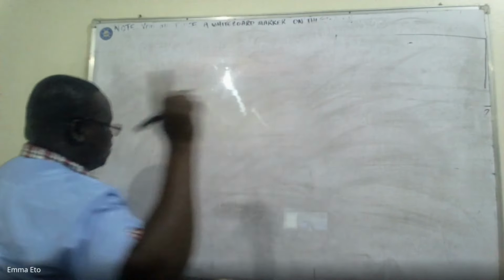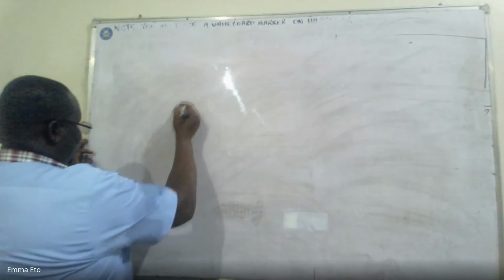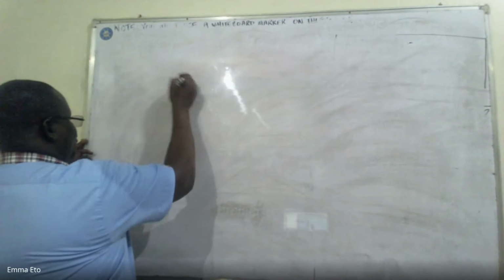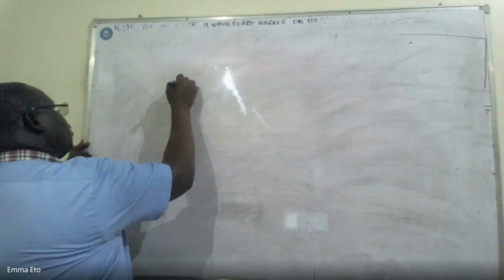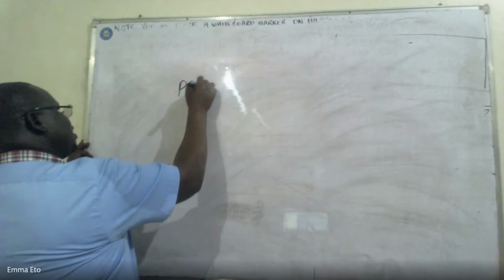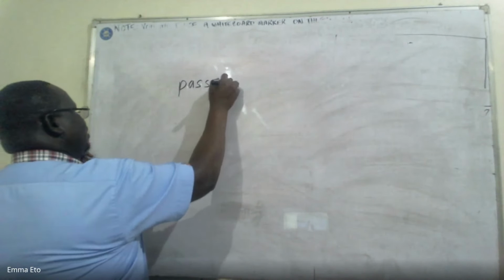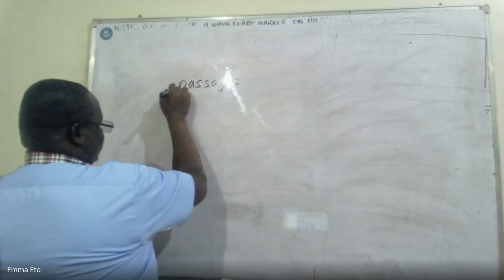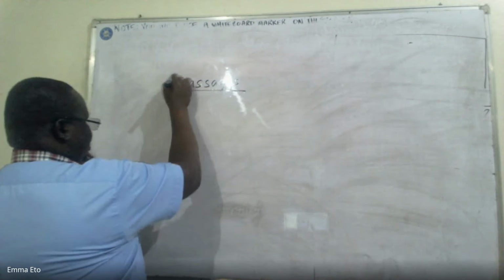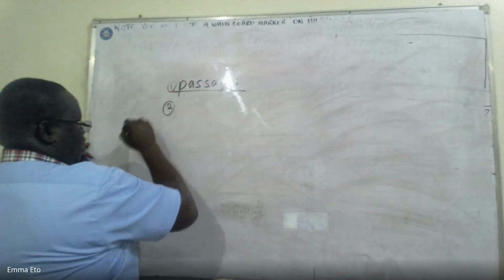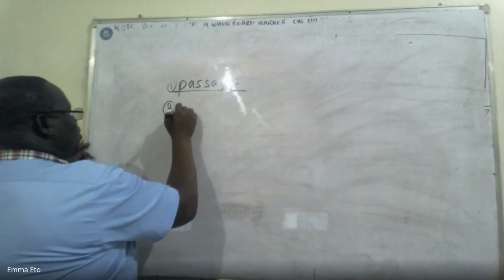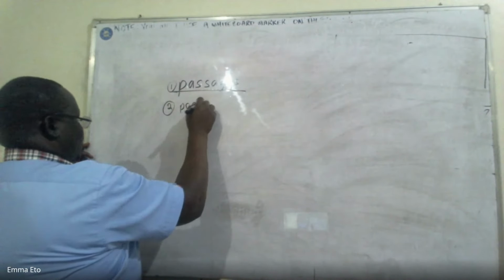For section B, train the children on reading and answering questions about passages, and then 2 poems. A poem will never miss.